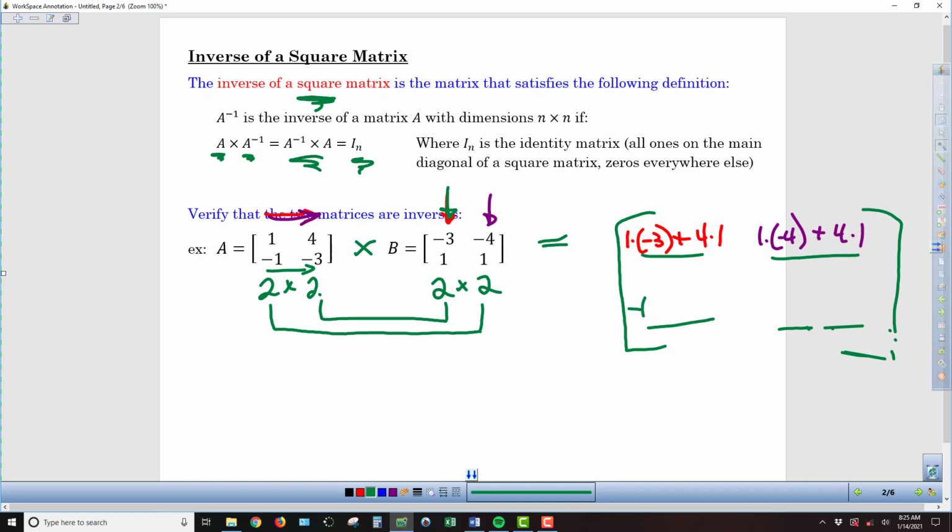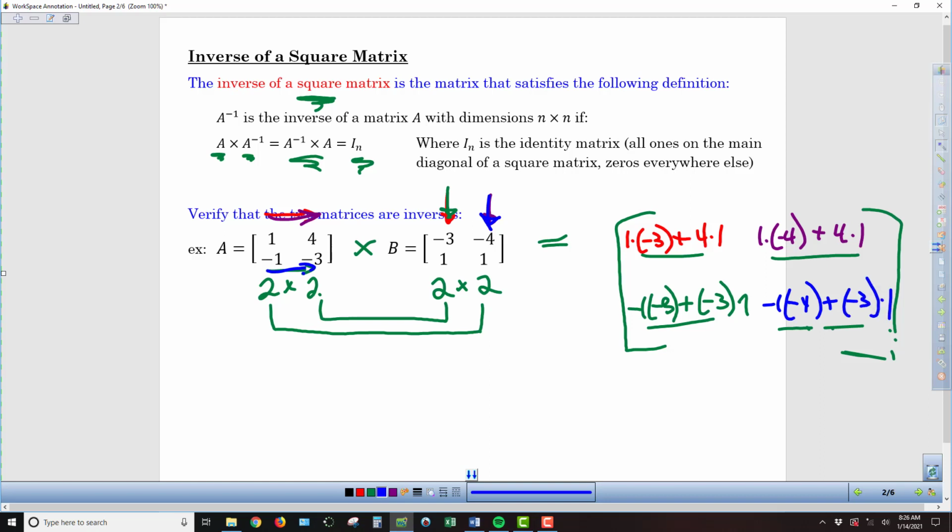So -1 times -3 plus, and then across the row we've got -3 times 1. And then finally our last is row 2 times column 2. And so we've got -1 times -4 plus -3 times 1.